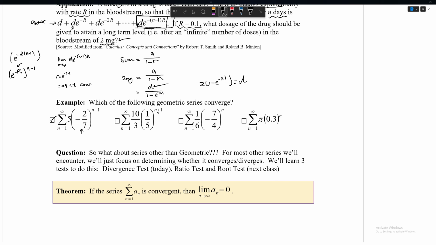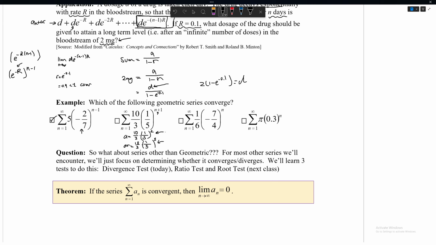Because this is n plus 1, let's do the formula that we did. So n at 1 will become my a, which will be 10 over 3 times 1 over 5 squared. That's my a, right? And then my ar is at 2, so this would be 3, same thing: 10 over 3 times 1 over 5, except this is to the power 3. Now what you want to do is take this divided by this.